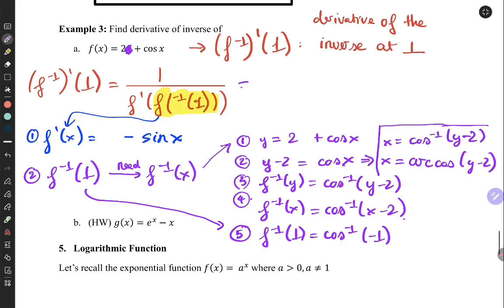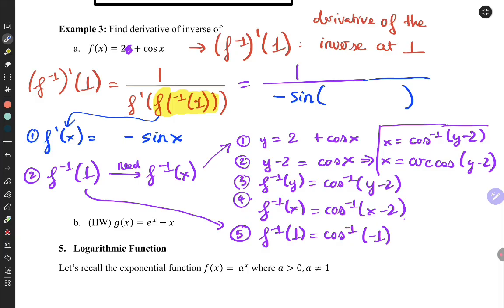Plug everything in. 1 over negative psi, which is the blue one, instead of this x, which is this x, I'm going to replace with this thing.